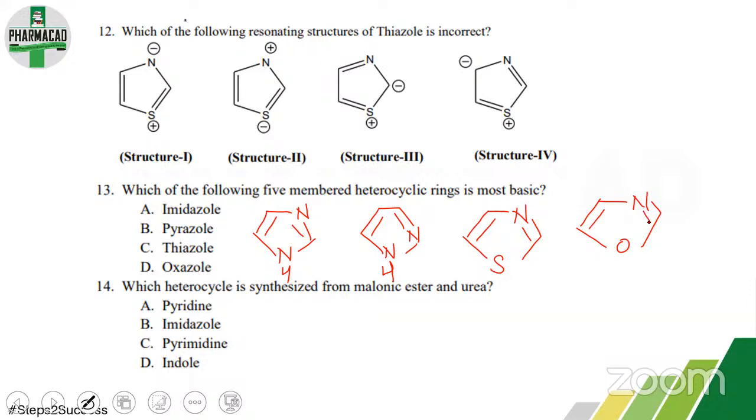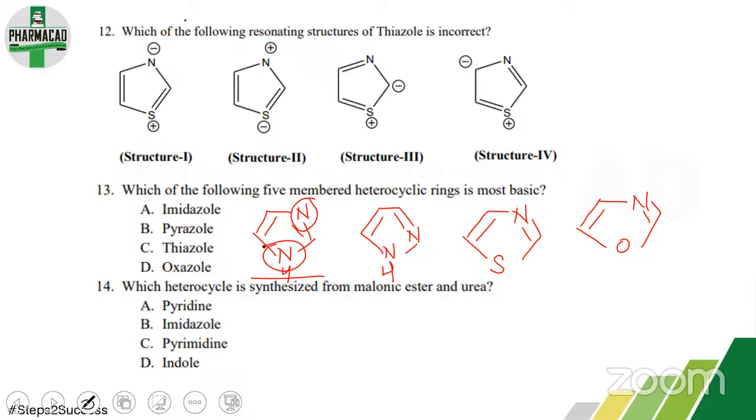Now see, in the case of imidazole, we have 2 nitrogens on first and third position. Out of that, this nitrogen has the lone pair, and that lone pair which will get protonated is not part of the pi system.